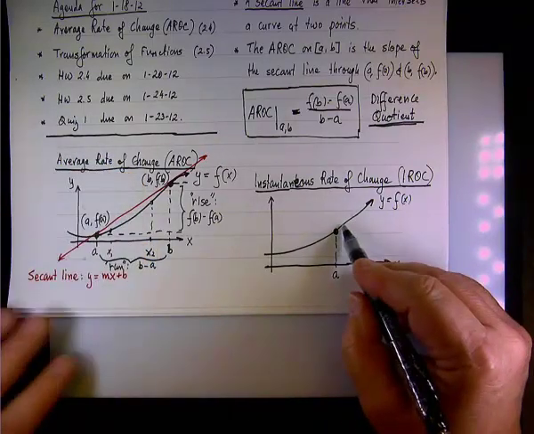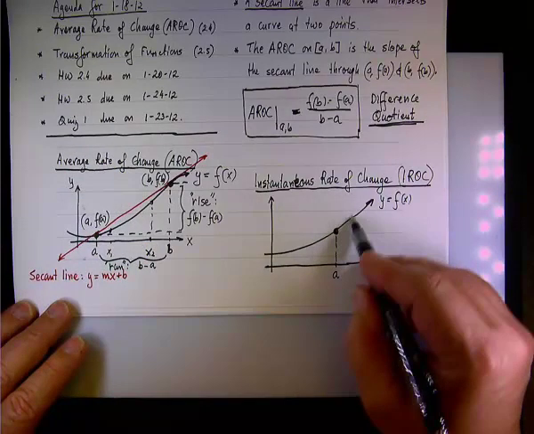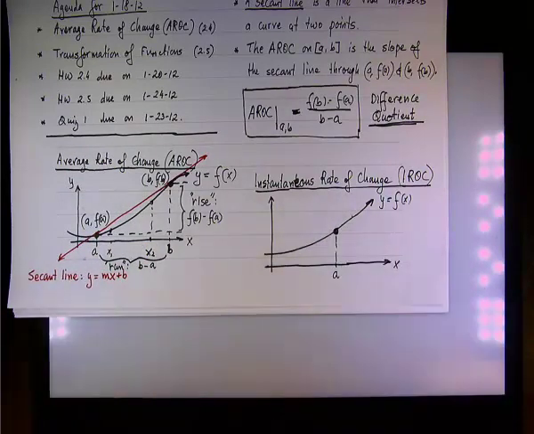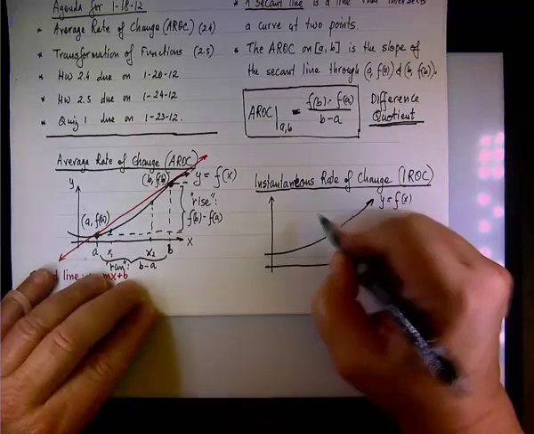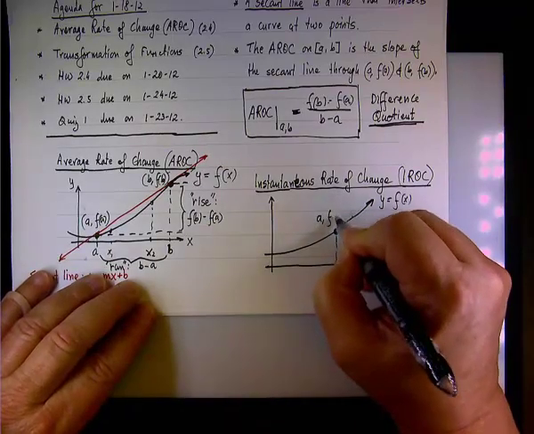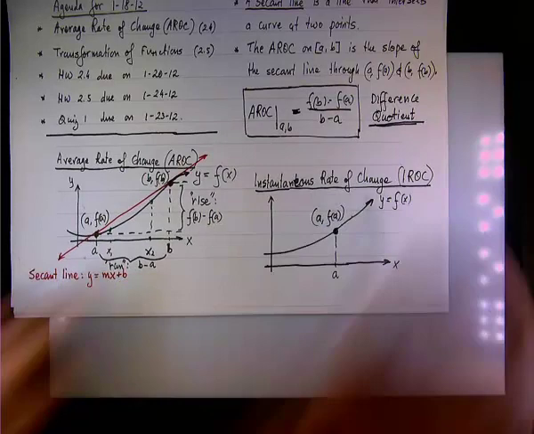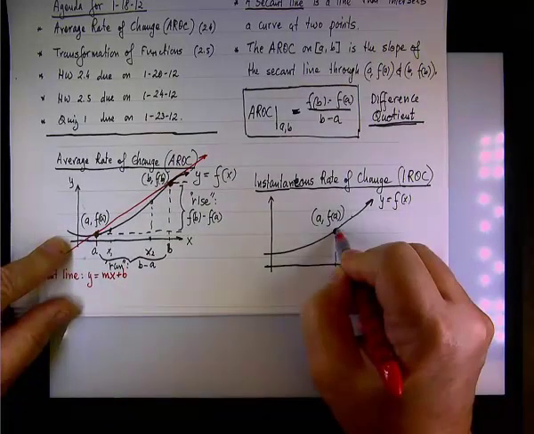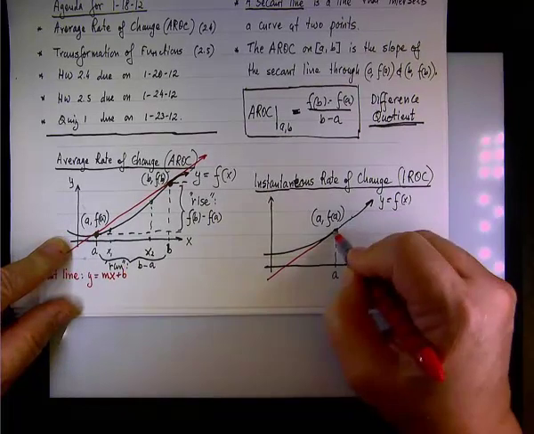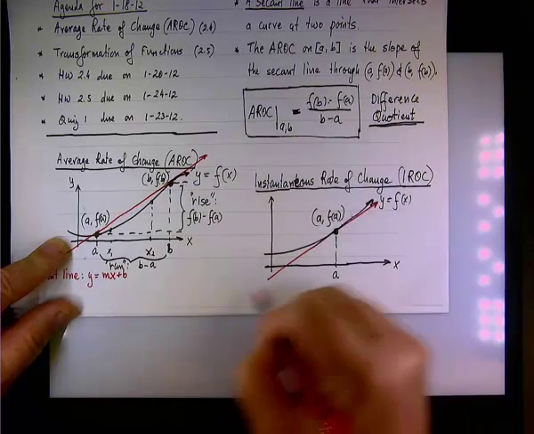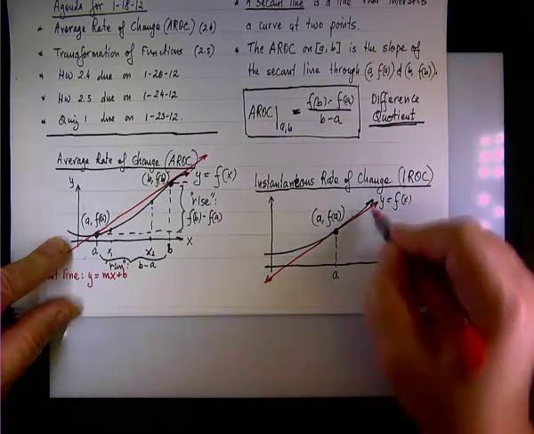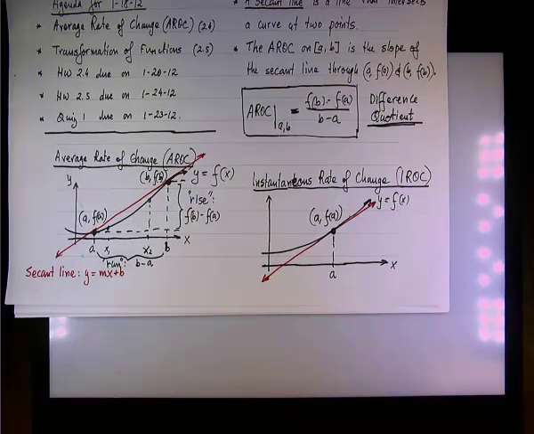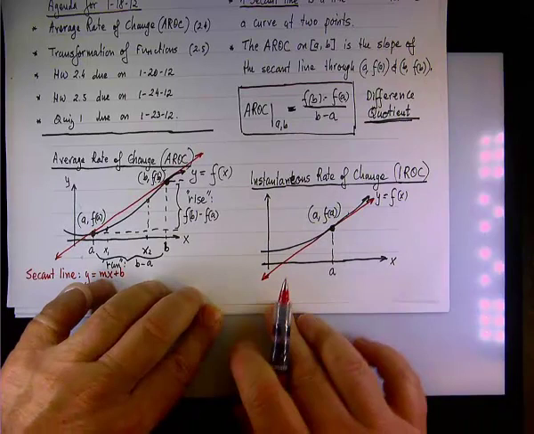So if I move the second point closer and closer and closer, then I'll have the rate of change at this point where the coordinates are a and f of a, like so. And it turns out that the line whose slope represents the instantaneous rate of change, do you know what we call this line?